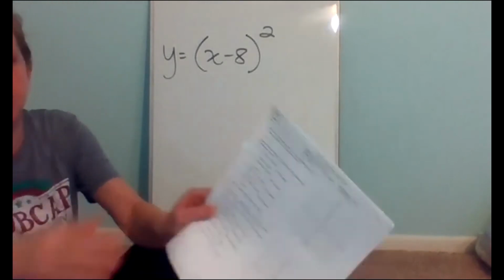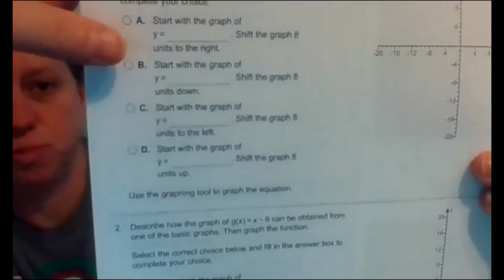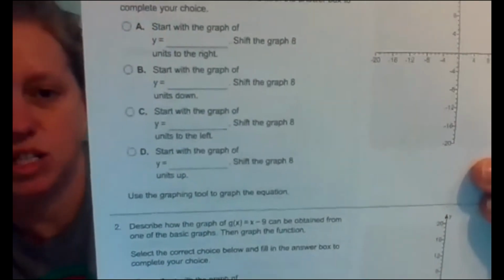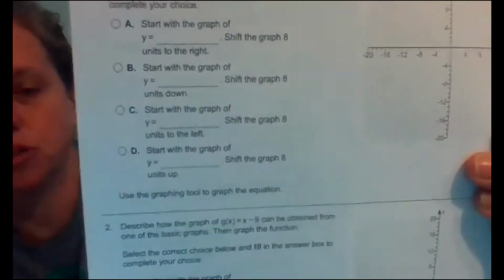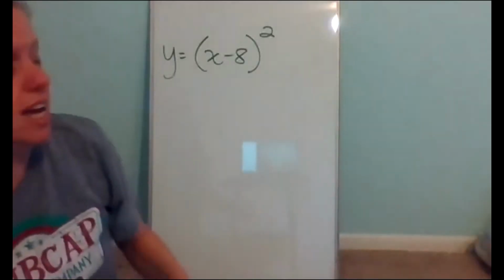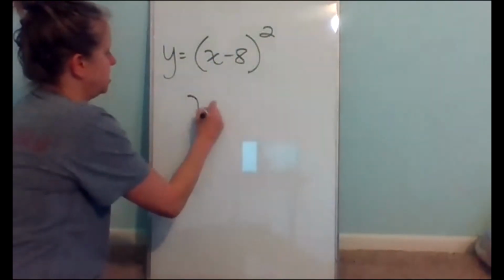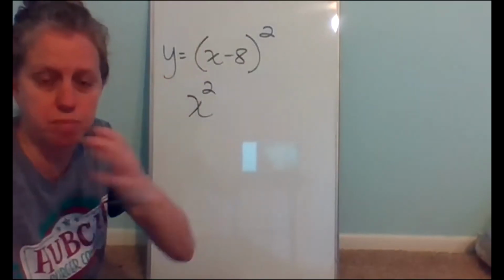Okay, and then it's going to give you these multiple choice. The first part of the multiple choice says, what is the graph going to start off with? That's what its shape is going to be. Okay, so the shape is going to be an x squared. So you're going to start off with an x squared graph, which is a parabola, the U shape.